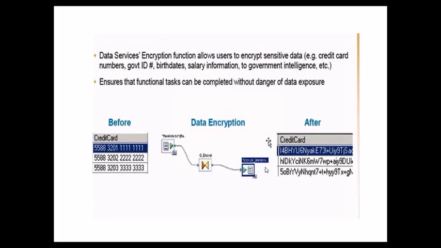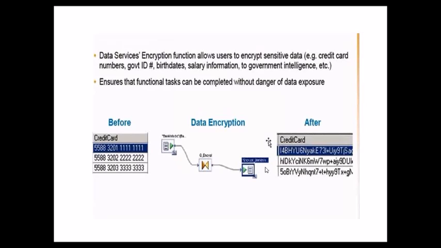Right? When we are talking about the encryption functions which are available in the built-in functions, these encryption functions are useful in data services and allow the user to encrypt sensitive data, for example credit card numbers, government ID numbers, date of birth, salary information, government intelligence, etc. So it ensures that the functional task can be completed without the danger of data exposure.